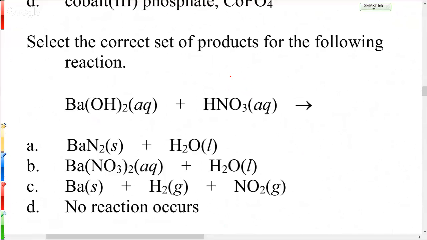That puts it in a couple categories. It can either be an acid-base reaction, which is probably the most likely, or one of the other ones like a gas evolution reaction or a redox reaction. Probably not a redox reaction in this case because we don't have a metal or anything in its elemental state that the acid is reacting with. So we've got to look at either an acid-base or gas evolution.